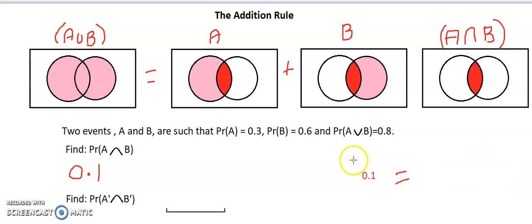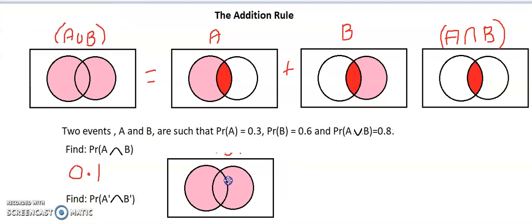Now we know that. The next part I look at, it says all the areas that is probability of not being A intersecting with not being B. So that means if it's not A and it's not B, it's that outside area there.